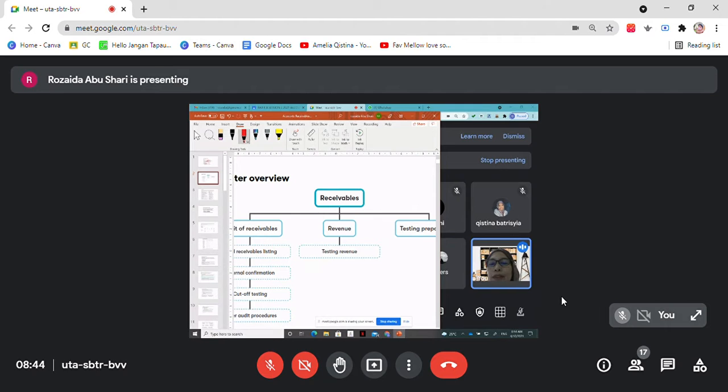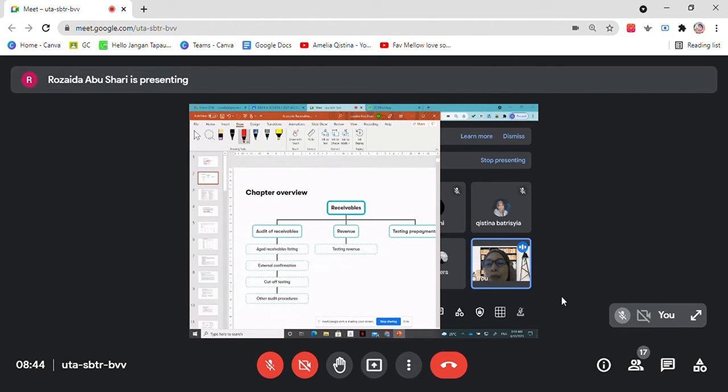So this is the overview of what we are going to do on the account receivable. In your mind, you must figure out how the account receivable appears in the statement of financial position. We focus on the account receivable and we will do the audit of account receivable.